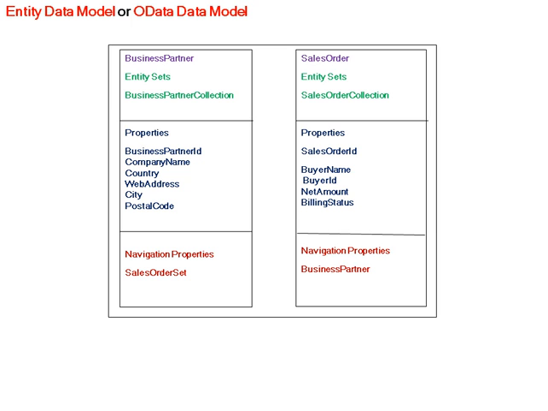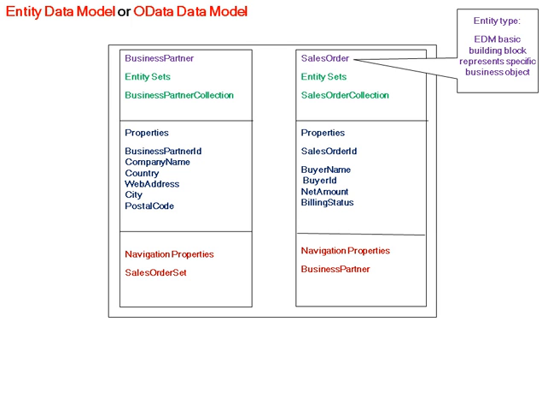But here in the entity data model, when we discuss these business objects, they are considered as entity types. So both business partner and sales order are entity types. These are the basic building blocks representing the specific business object. And the business partner collection and sales order collection are entity sets of the entity types.